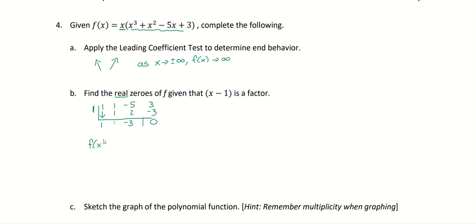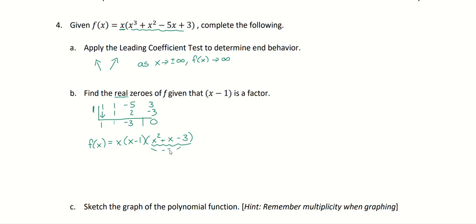At this point in time, we know that we have a basic factorization. It's x times x minus 1 times x squared plus x minus 3. Now, because I'm looking for the real zeros, of which there could be 4, I'm going to try my best, with a leading coefficient of 1 on this term, to use a shortcut.